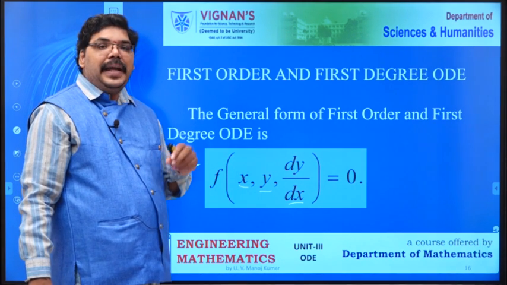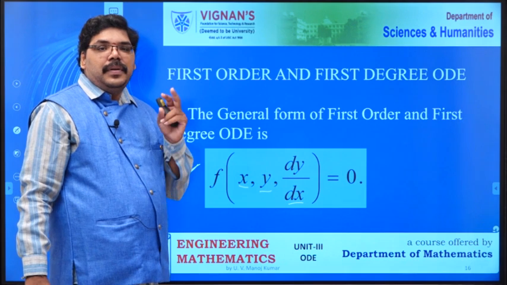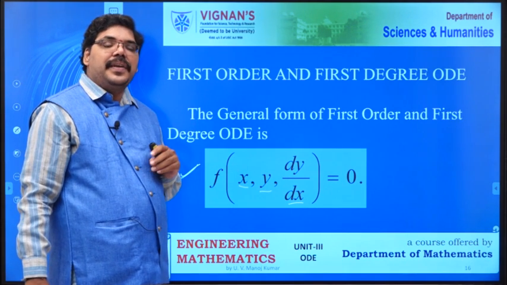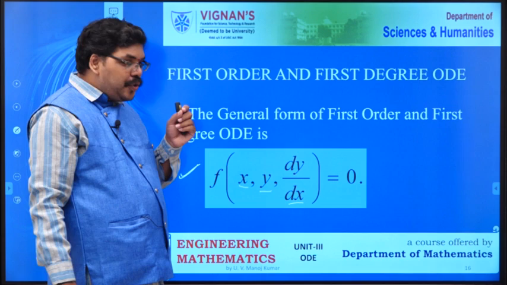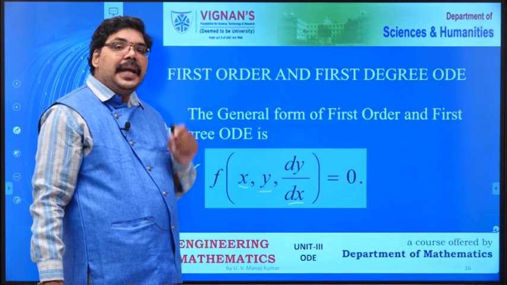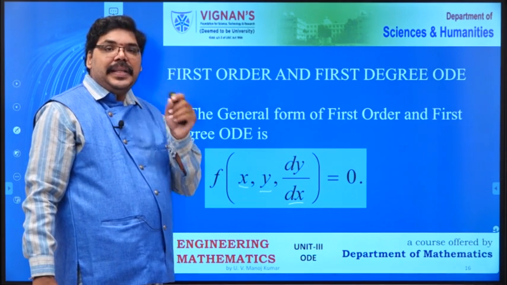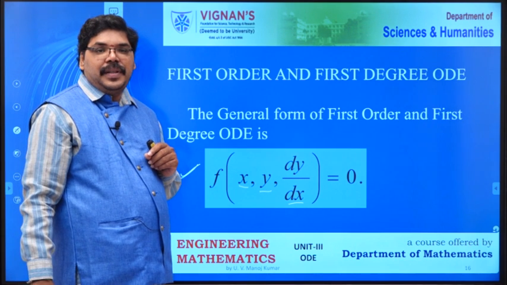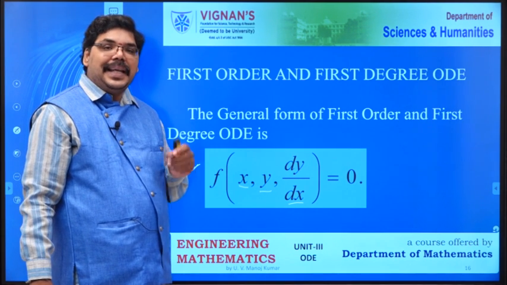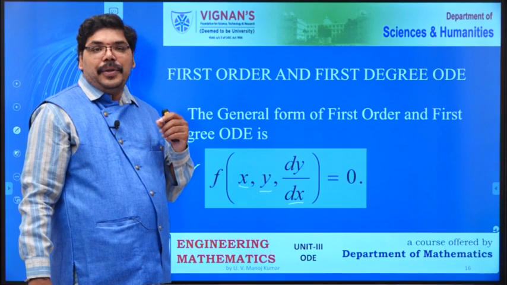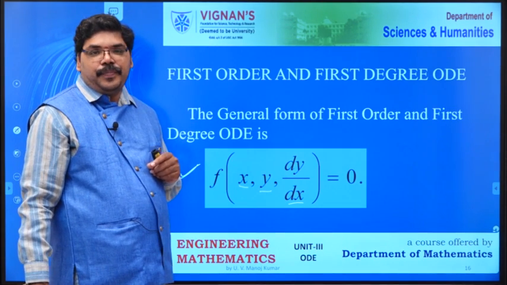If I give you a first order first degree differential equation, you should be able to identify the appropriate method to solve that. If you are able to do that, then our unit objective is reached.